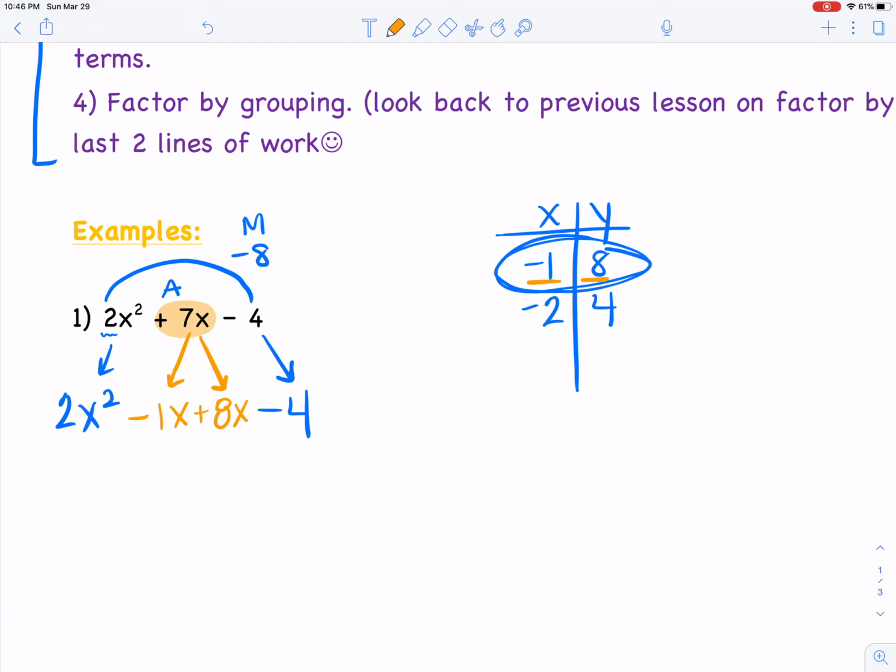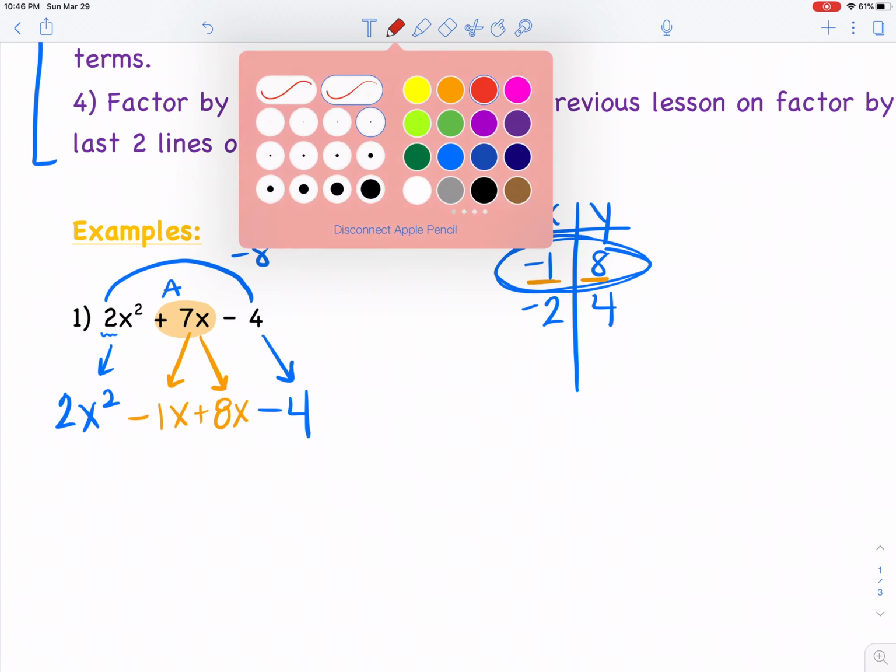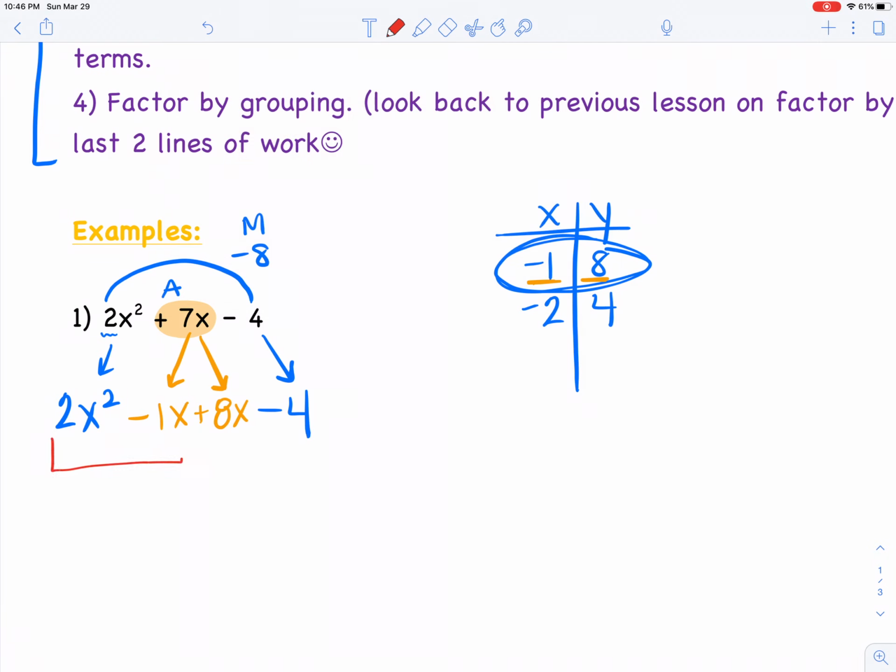And now step 4 is factoring by grouping, which we did a couple days ago. So that's when I take a GCF for this group, which I find to be x. So I'm going to divide both of these terms by x, which will give me 2x minus 1. Bring down that plus sign.